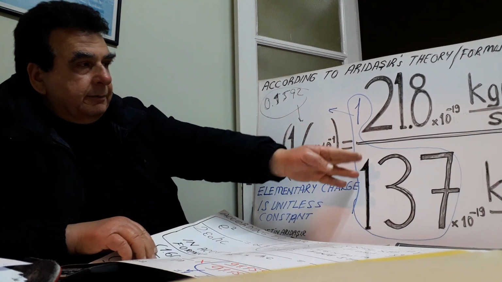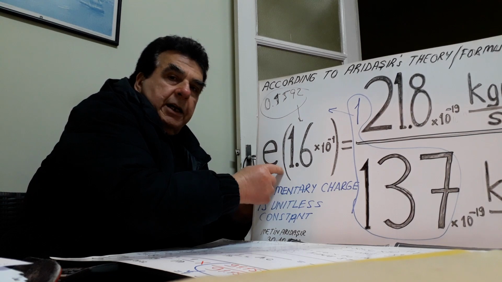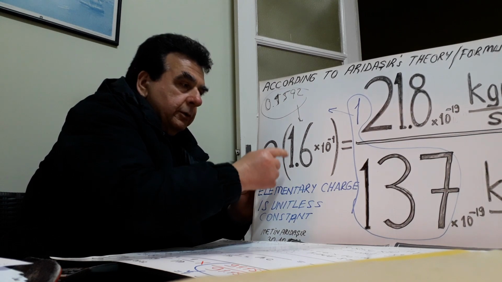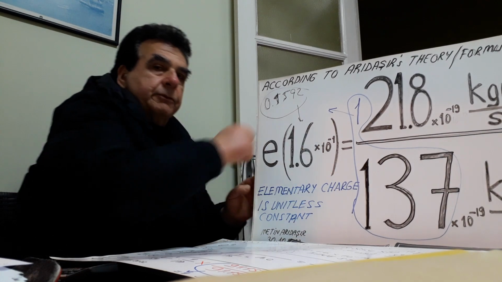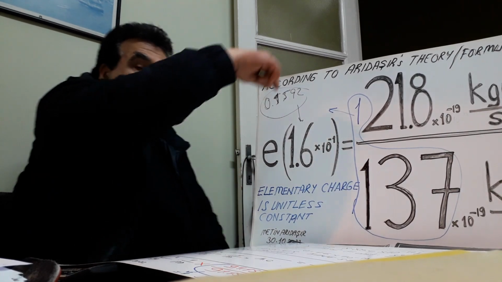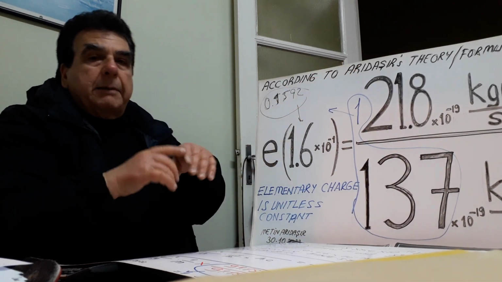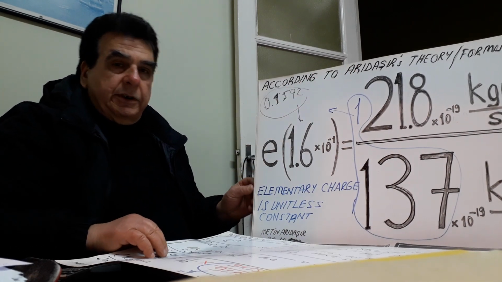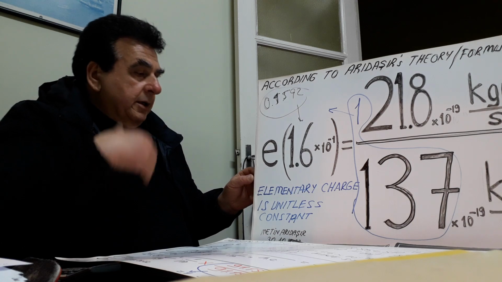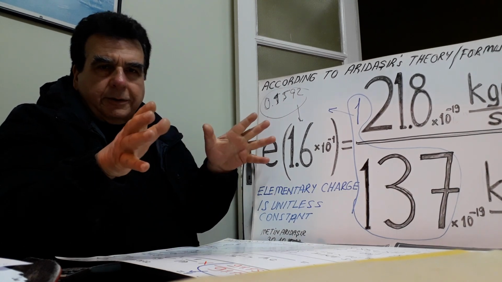Like this. Unitless constant that I put forth, 1.6 10 to the minus 1. Electron motion forms, tangential velocity and speed of velocity components, energies, masses, velocities, rates, unitless.